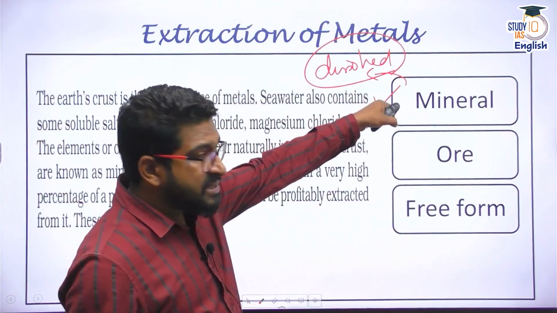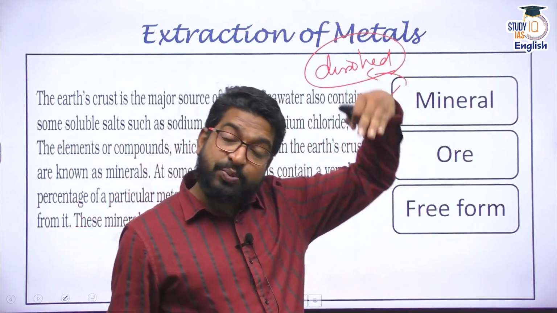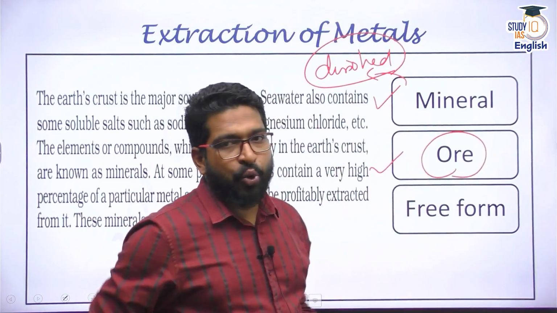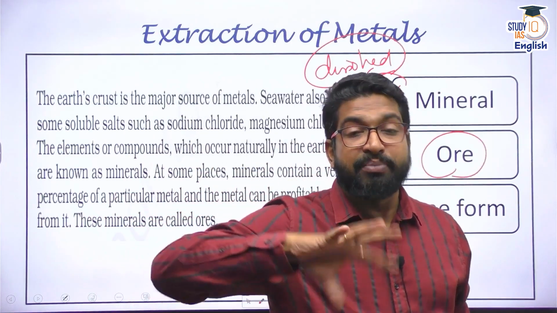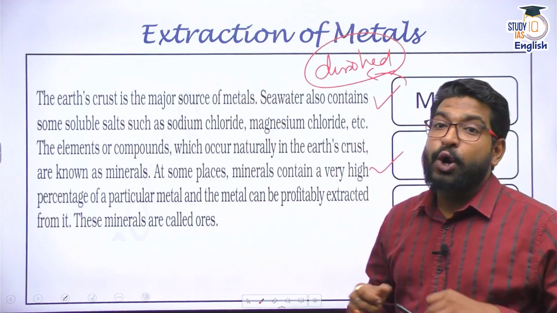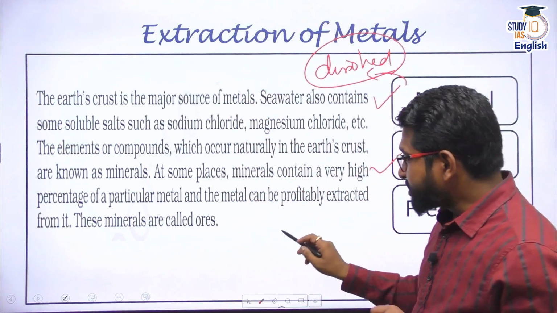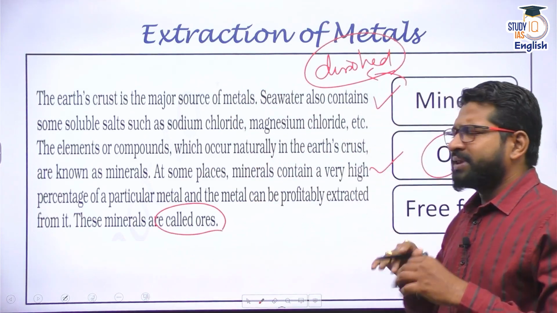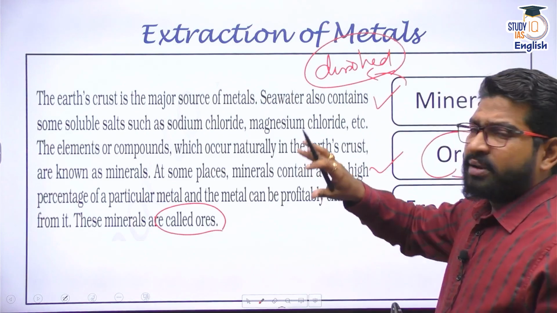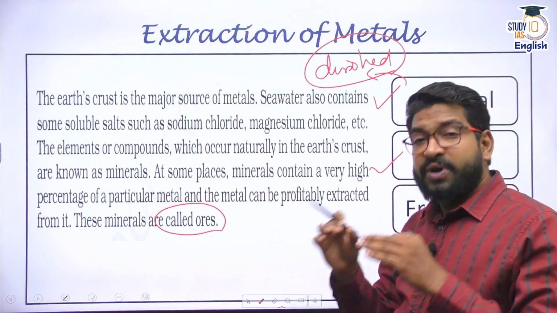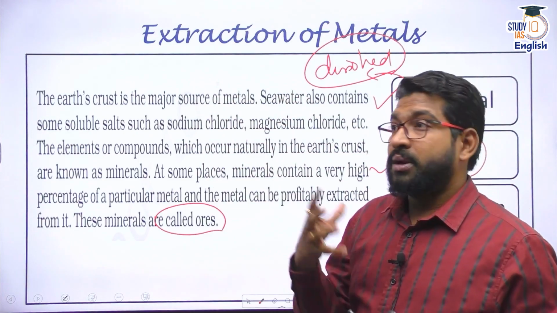But minerals which can be exploited easily are called ores. So what is an ore? An ore is a mineral of a metal which can be exploited economically. So ores are found in the earth's crust. Mineral and ore are very similar. Please remember, metallic elements are not found in pure form in the earth, except for some.